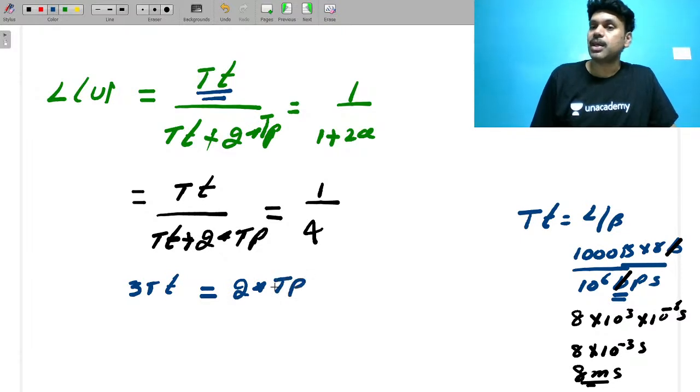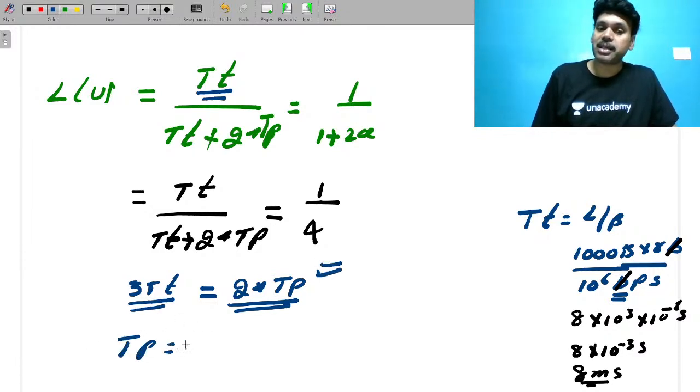That means 3 times your transmission time is equal to 2 into TP. He is asking for the TP value only. So your TP is nothing but 3TT divided by 2, which is 1.5 of your TT.